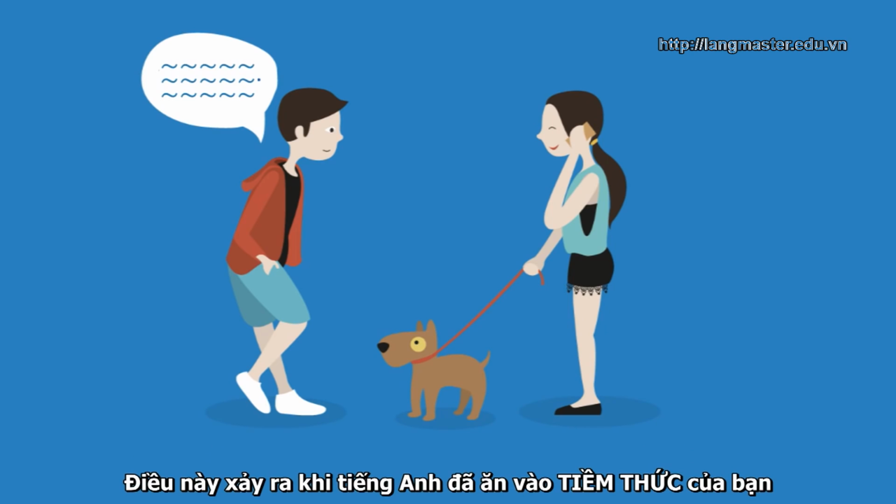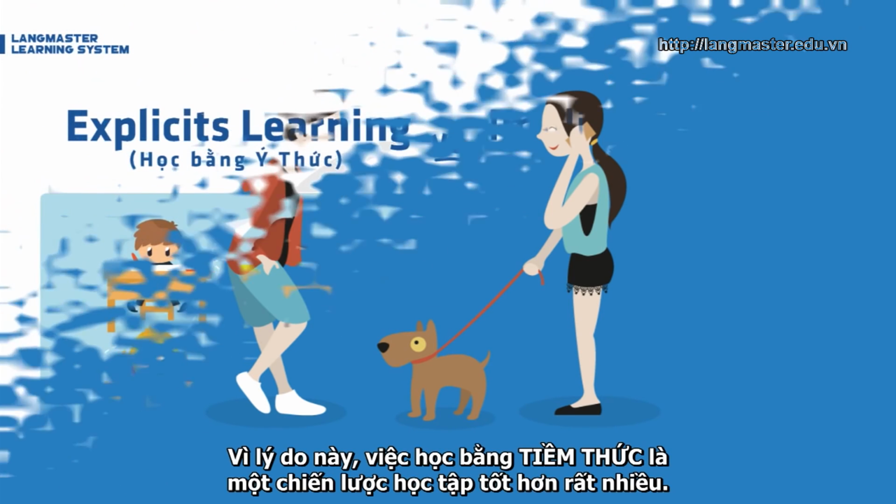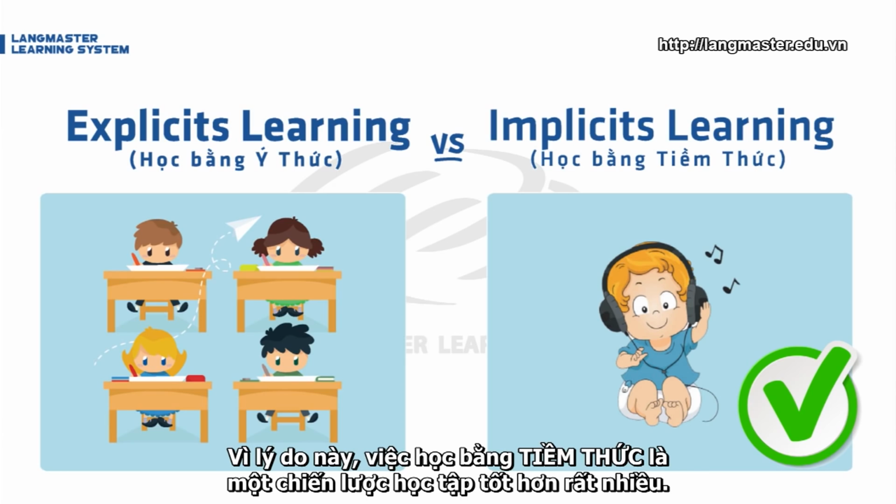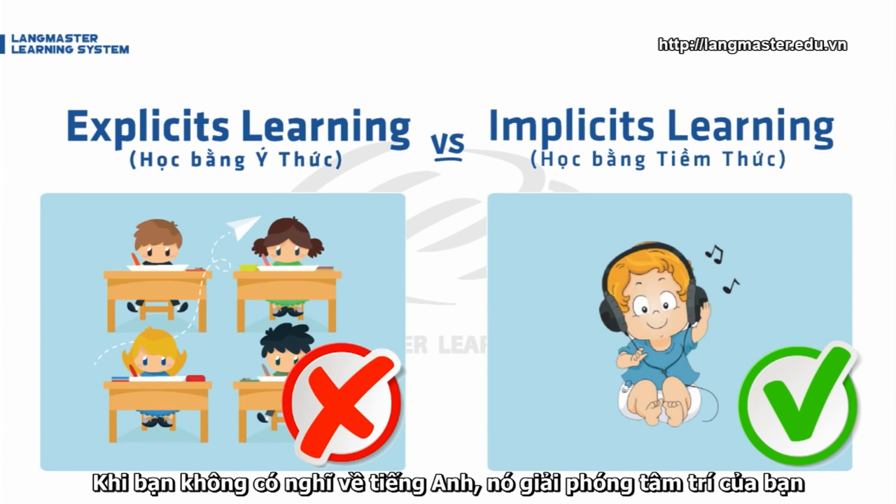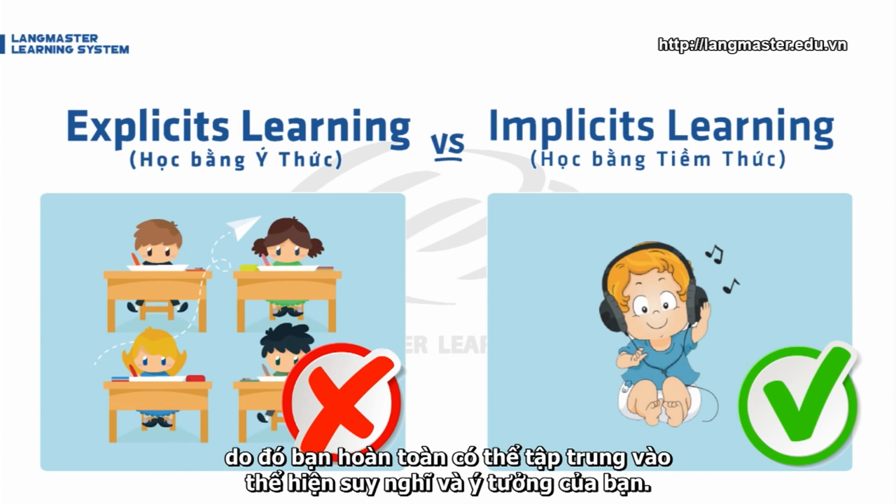That is possible only because your knowledge of your native language is implicit. For this reason, implicit learning is a much better learning strategy. When you don't have to think about English, it frees up your mind so you can fully concentrate on expressing your thoughts and ideas.